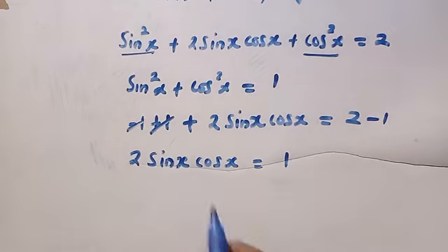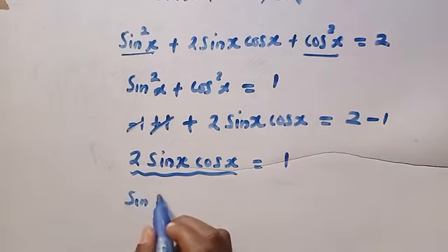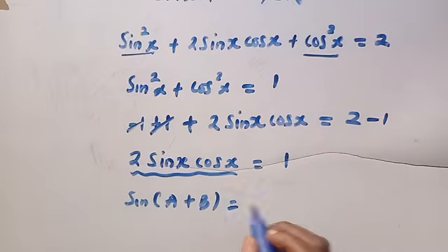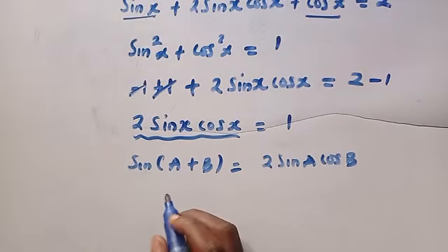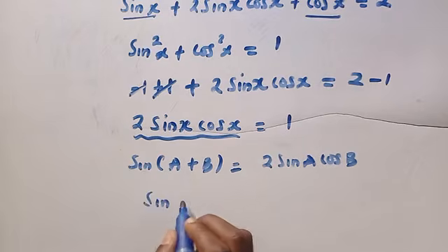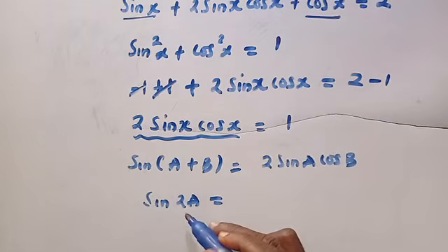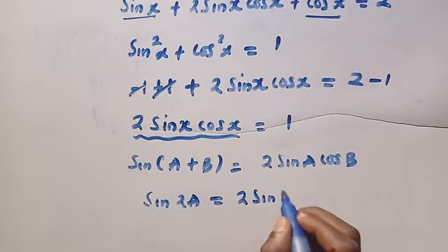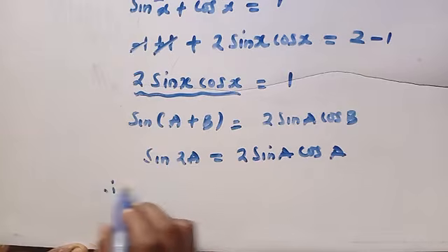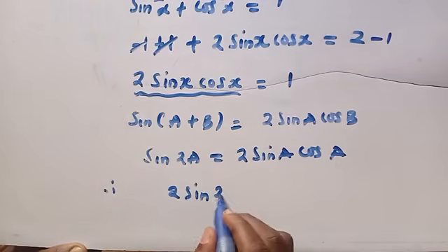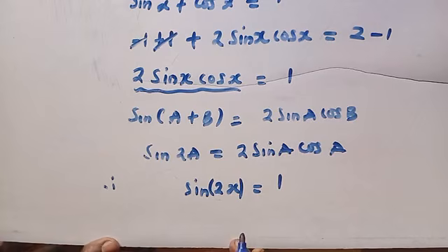There are two ways we can go about this, but the simplest is this identity. Sine of A plus B equals sine A cos B plus cos A sine B. And since we have x and x, let's say we have A and A, we are going to have sine 2A equals 2 sine A cos A. So if I compare it with this, the result gives us sine 2x equals 1.